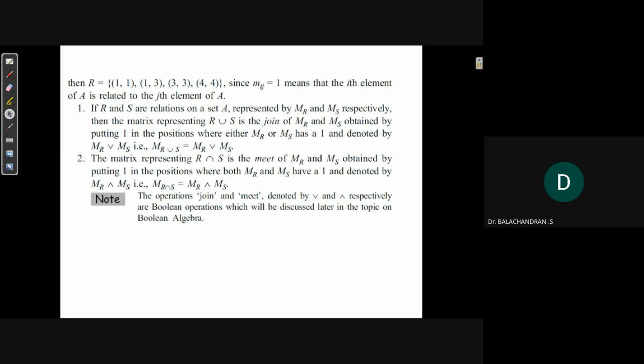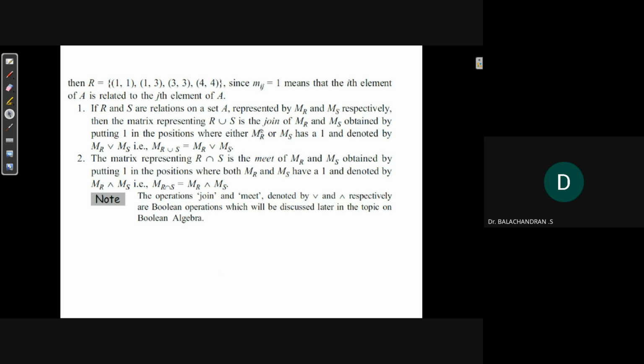Next, R and S are relations on a set A, represented by MR and MS. Then what is R union S? Already we discussed R union S. Here they mentioned it is a join.